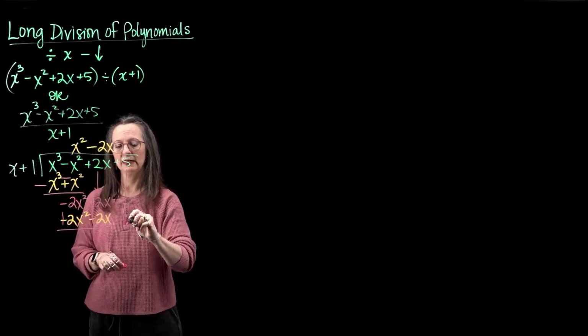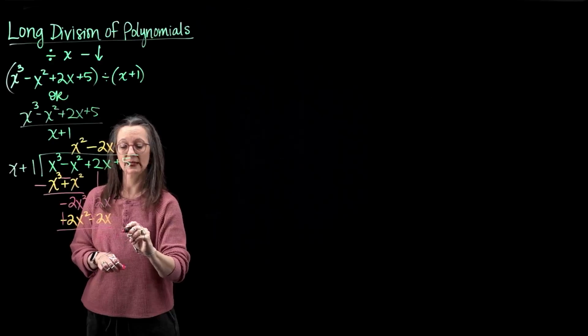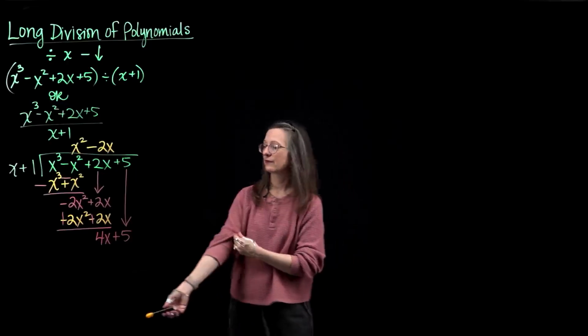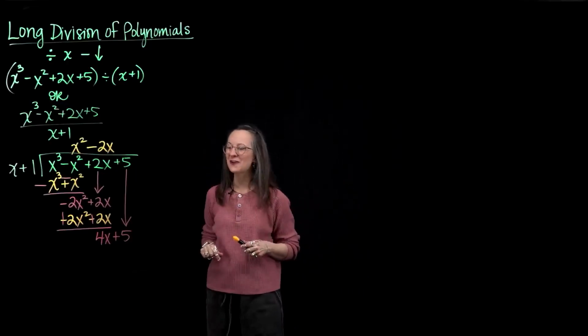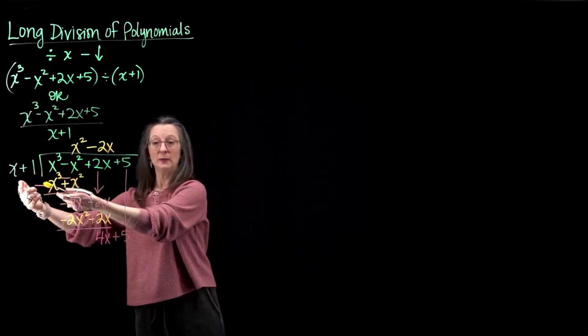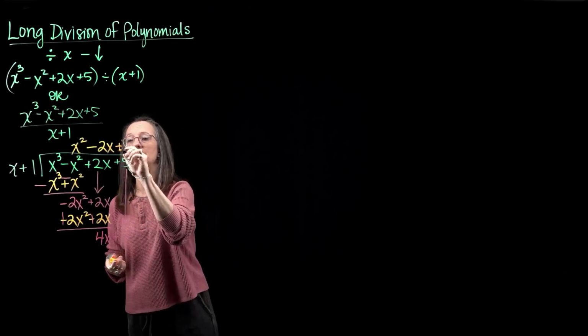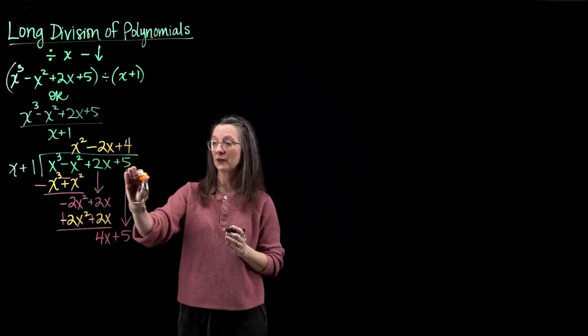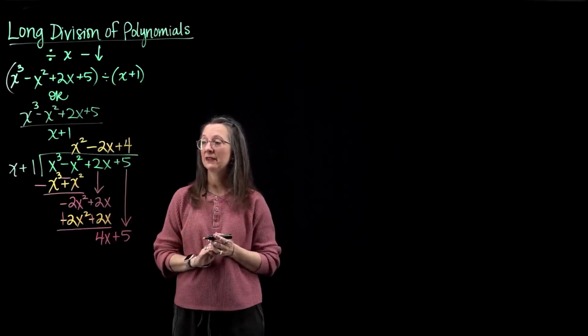Next step is bring down the next term, and that is a plus 5. Starting the process over. So 4x divided by x gives me positive 4. I'll write that positive 4 over the plus 5 above the division sign.